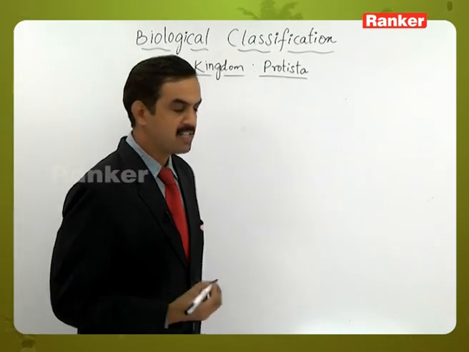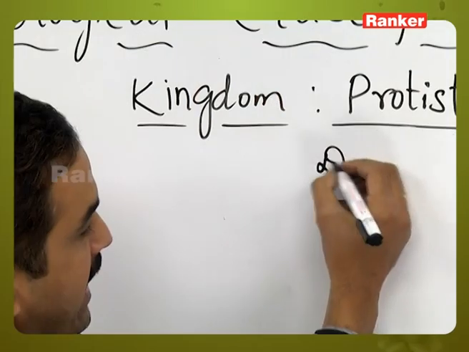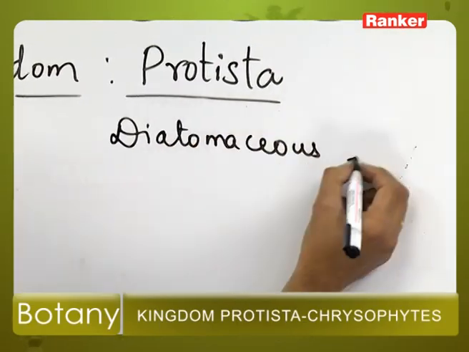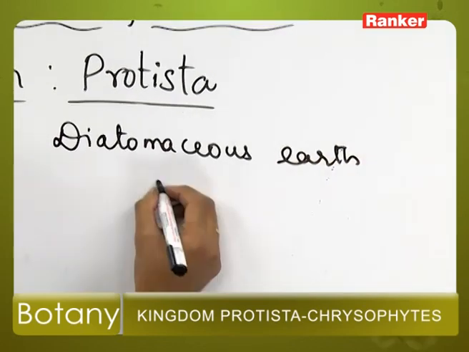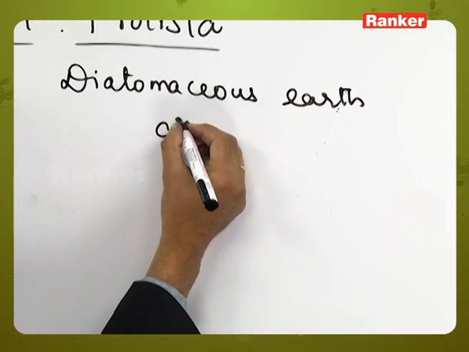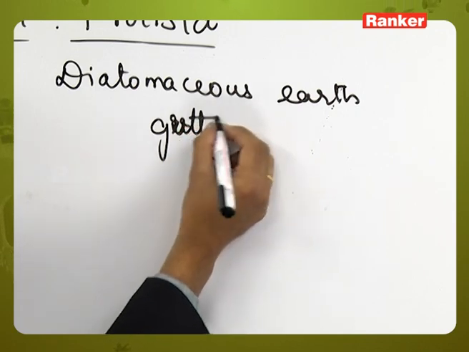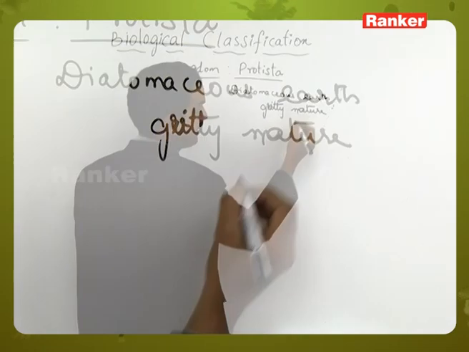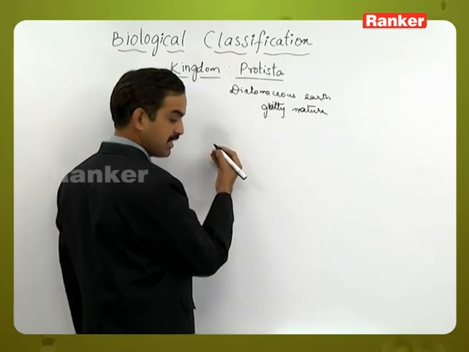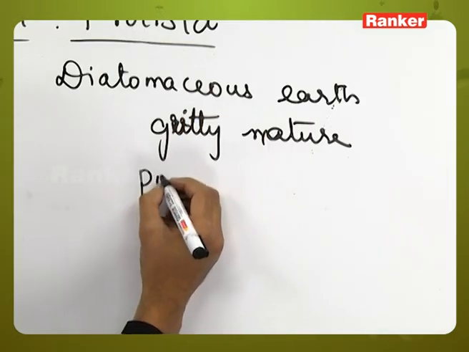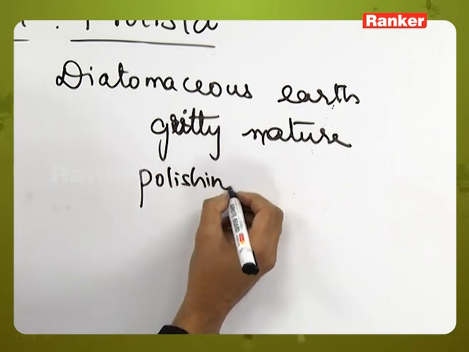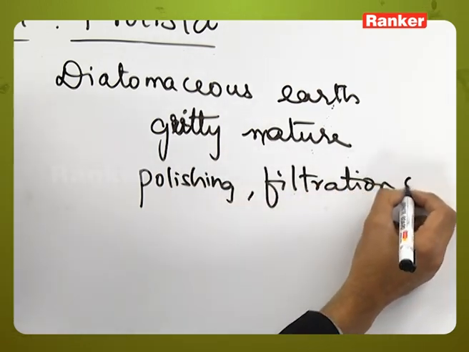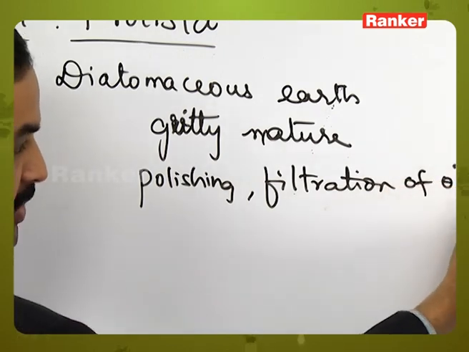In the economic significance, as we said, diatomaceous earth is present. Because of the gritty nature of the diatomaceous earth, it is used in polishing, filtration of oils and syrups.